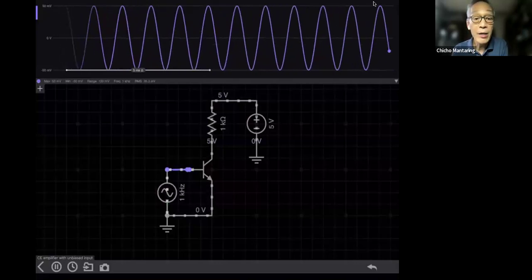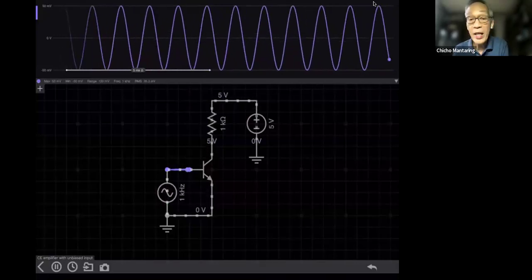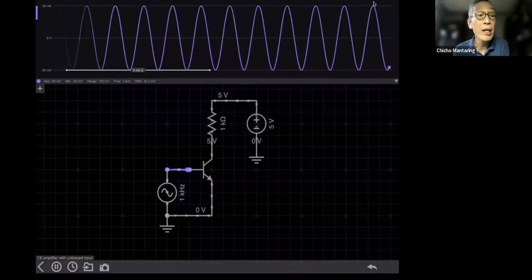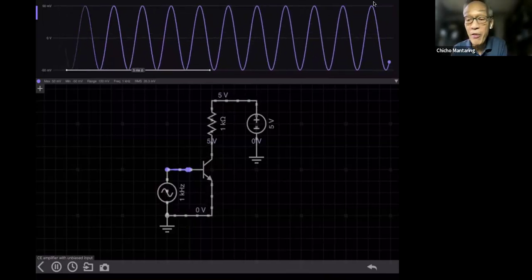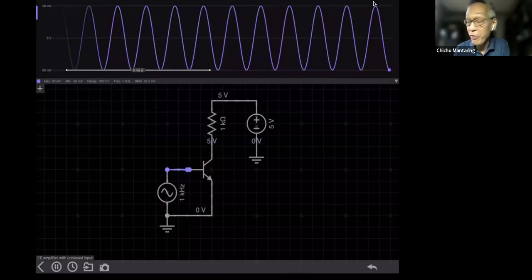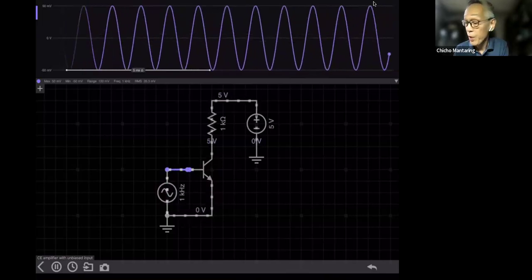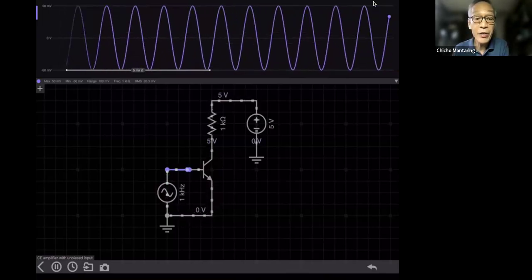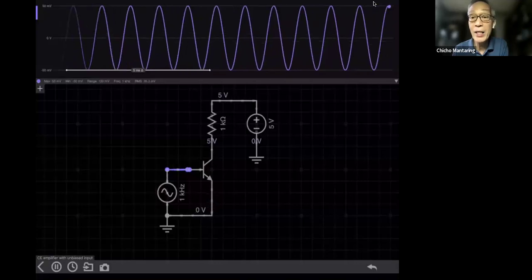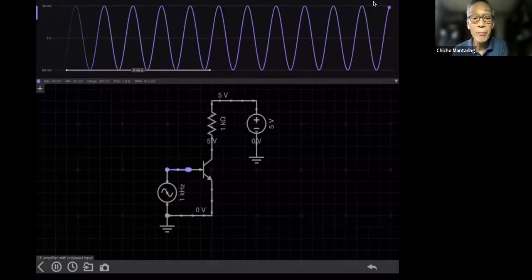On the other hand, when my input signal is positive, it only goes up to 50 millivolts. That is not enough to forward bias my base emitter junction. So I can enter this input signal at the base, but it's not going to do anything.